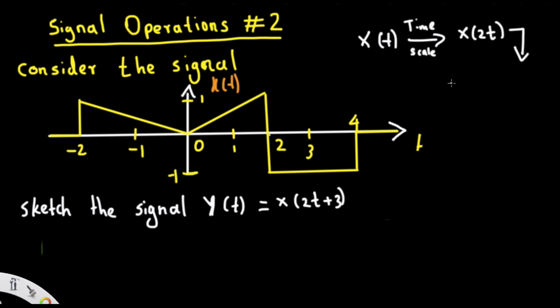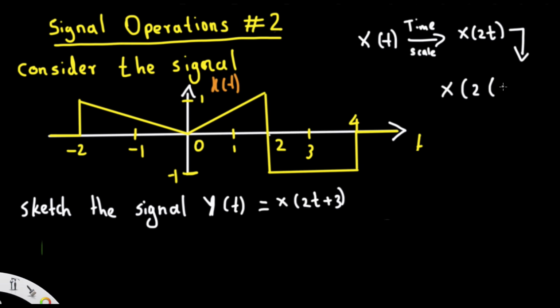Time shift is x of 2, and when we do the time shift here we have to be careful, because in the first one we did the time shift first and then we did the multiplications. That's why it became easier. But if we are doing the time scale first, we have to do it in a different way. Like we multiply the 2t already.